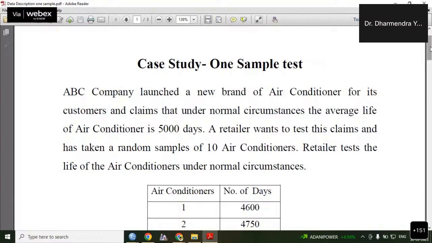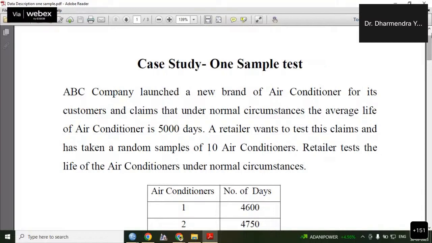This is given information from our previous studies or previous research, so it is our population mean. Then a retailer wants to test these claims and has taken a random sample of 10 air conditioners. The retailer wants to test whether this claim of 5,000 days is true or not.